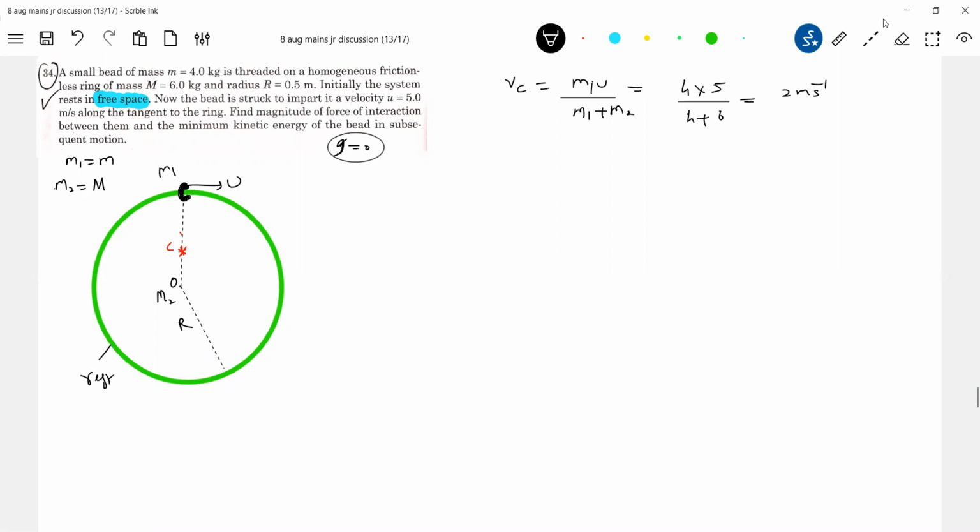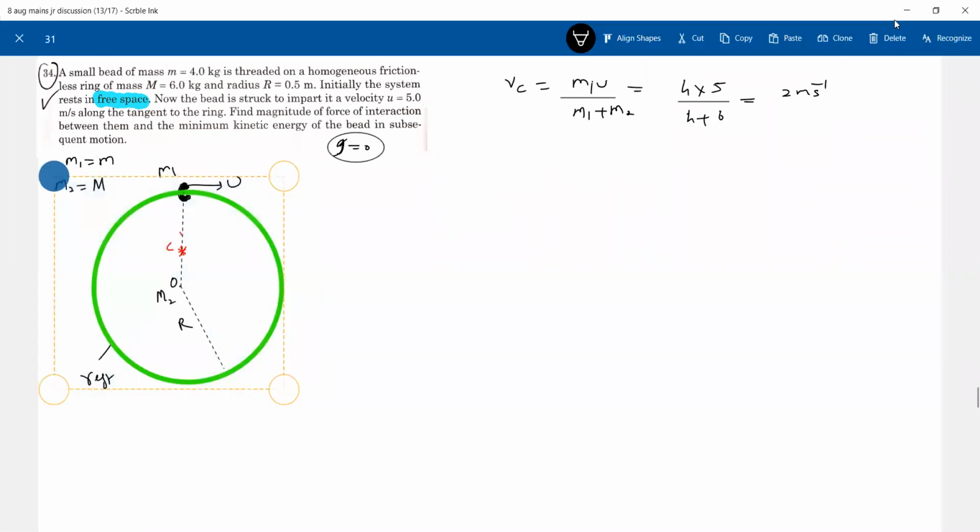Let's get into the problem now. What happened to that center of mass during this total motion of the ring? The ring will continuously move. In what direction will the ring try to move?